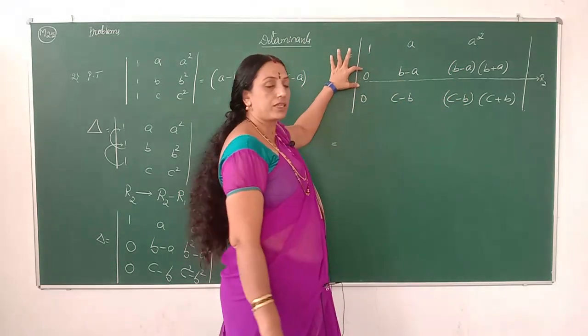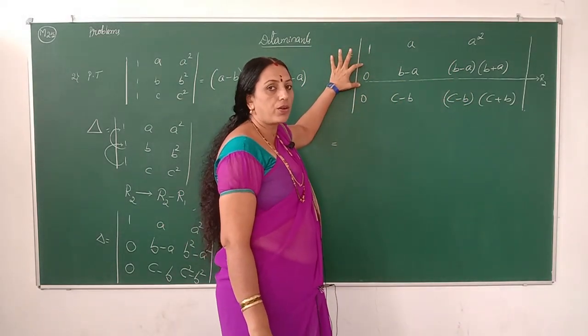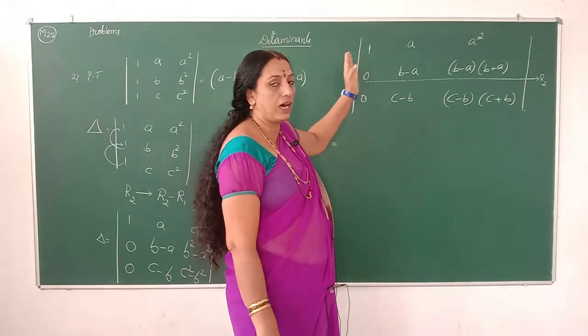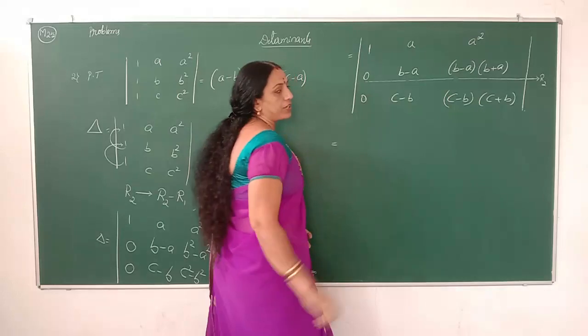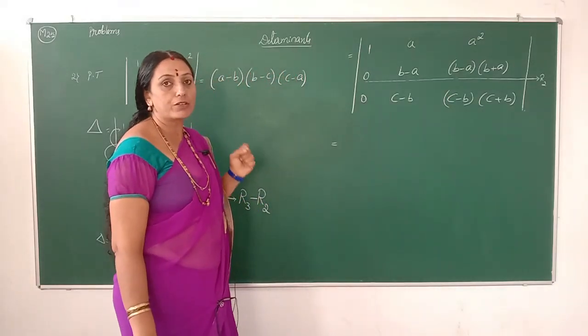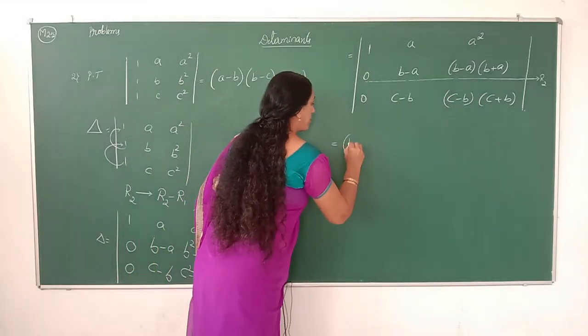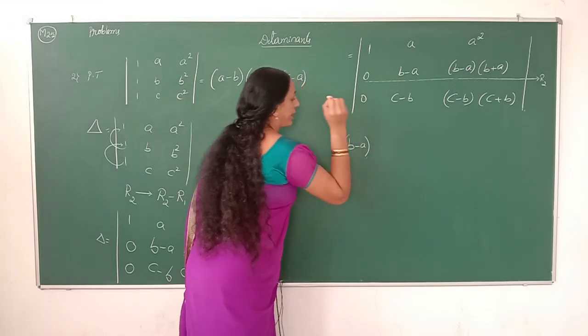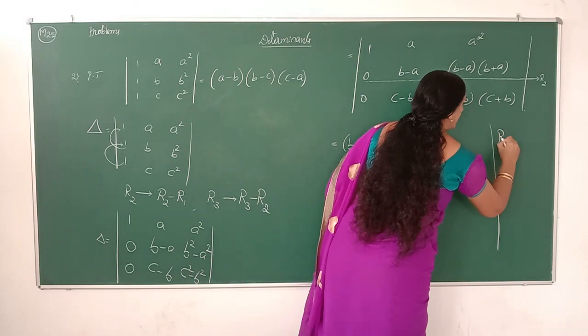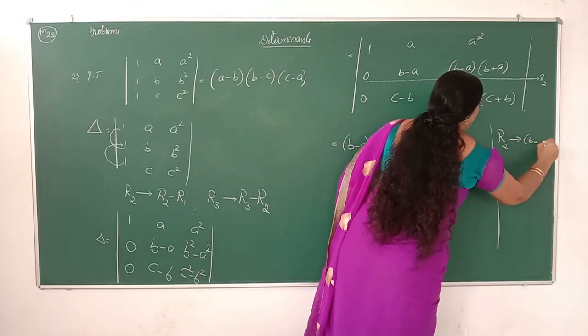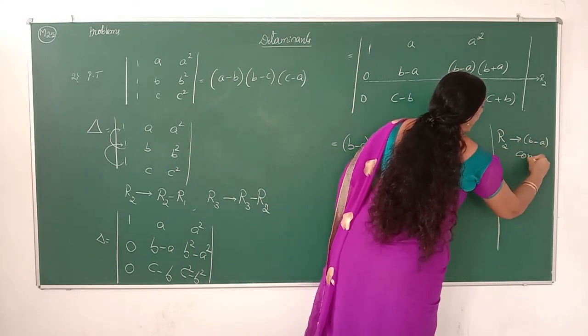The first element is 0, but 0 is also a multiple of every element. Therefore, all the elements of the second row are multiples of b minus a, so b minus a is a common factor from the second row. So in R2, b minus a is a common factor.